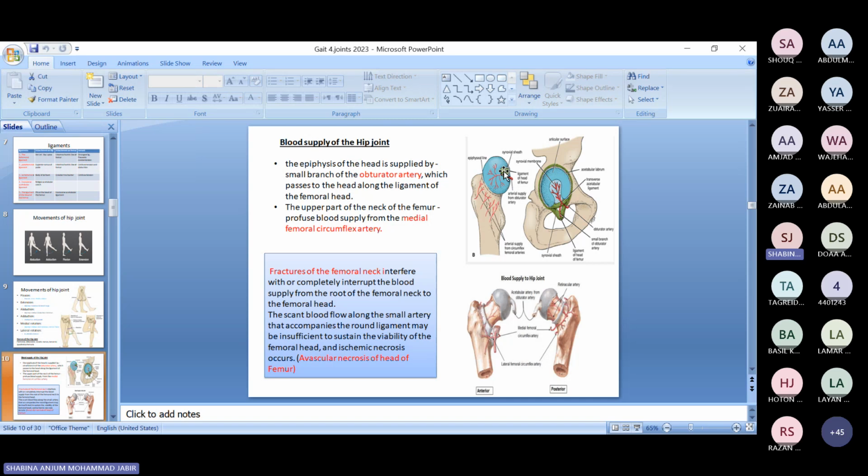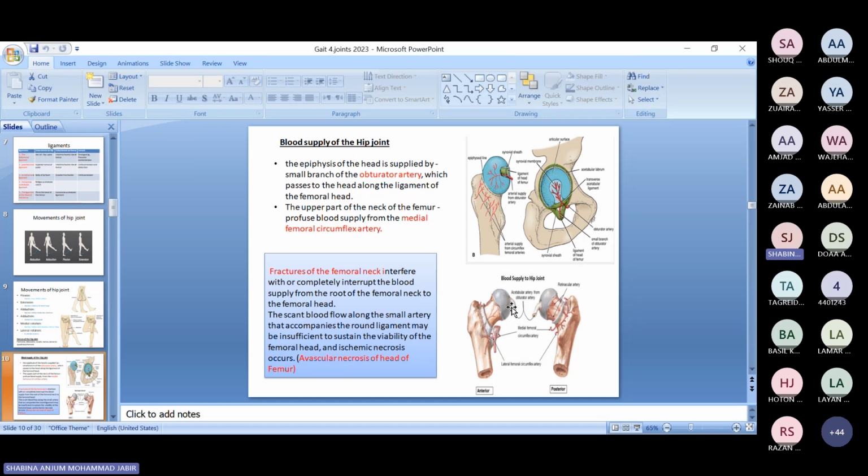Here, since we know the head, we know the ligament. The function of this ligament of head of the femur is that it carries the artery inside the head, which is a branch from the obturator artery. Can you see here? This ligament takes a branch of the obturator artery, which will supply this area.